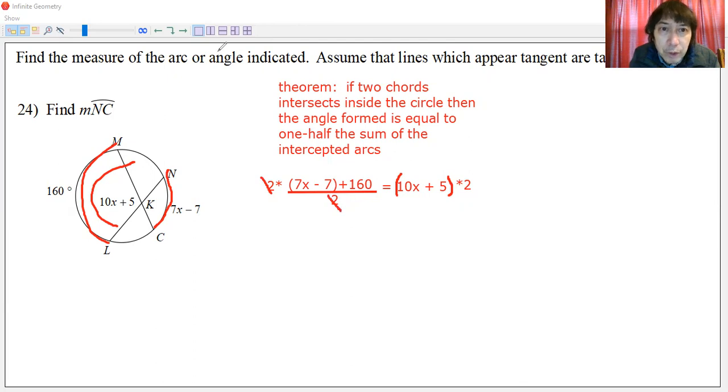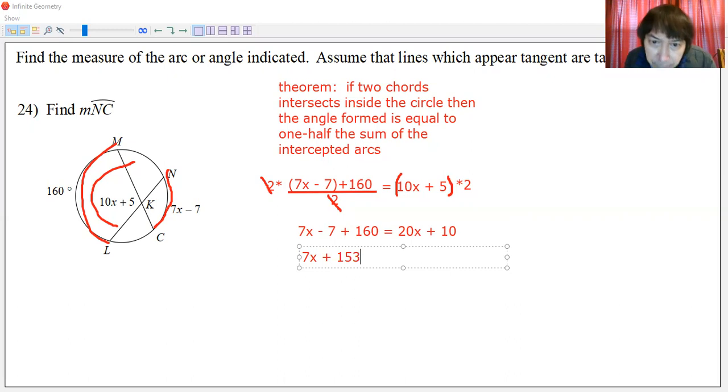And so we have a reduced equation: 7x minus 7 plus 160 is equal to, the right side will become 20x, and the 5 times 2 becomes 10. All right, so we don't have a fraction anymore. So this continues with 7x plus 153, since 160 minus 7 is 153, is equal to 20x plus 10.